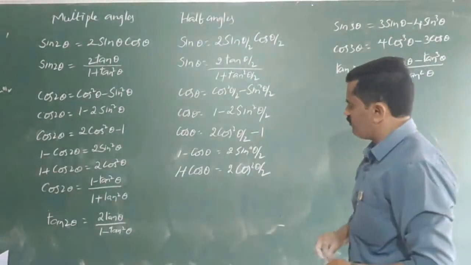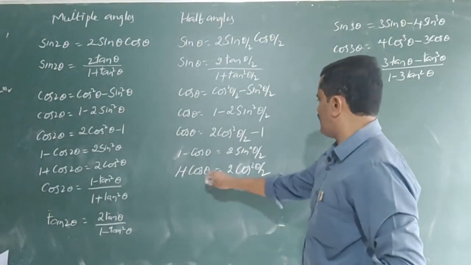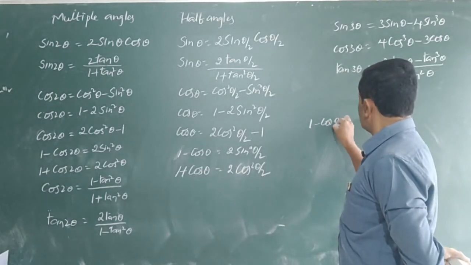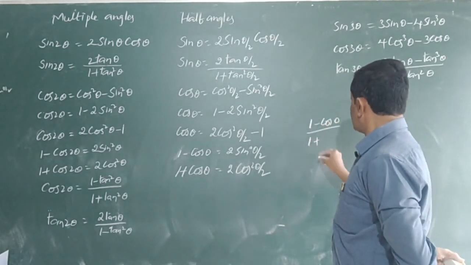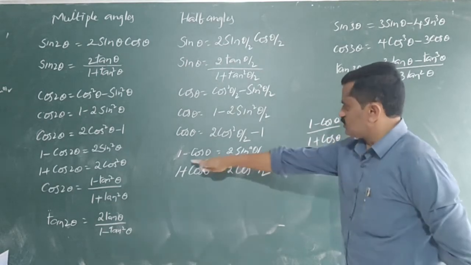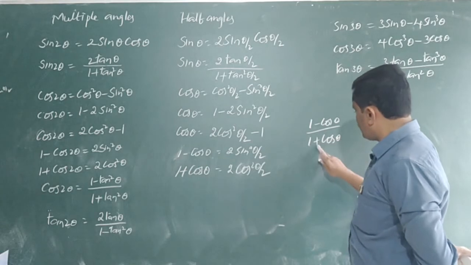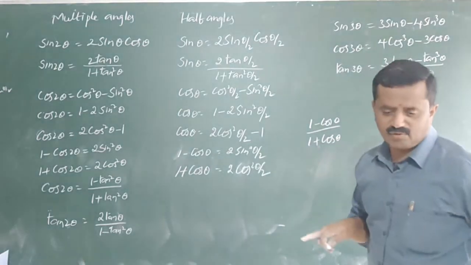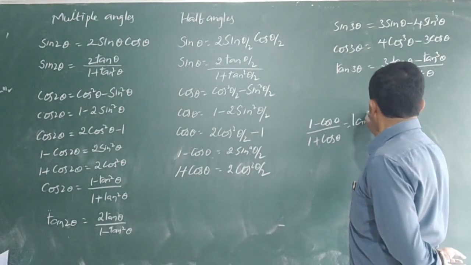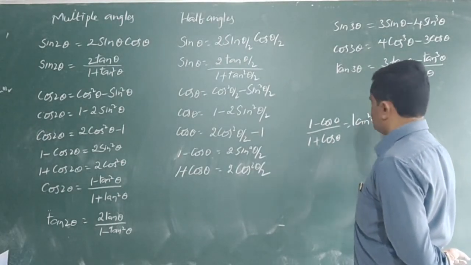So from this we have 1 minus cos theta divided by 1 plus cos theta. Again remember, you can write it as tan square theta by 2.